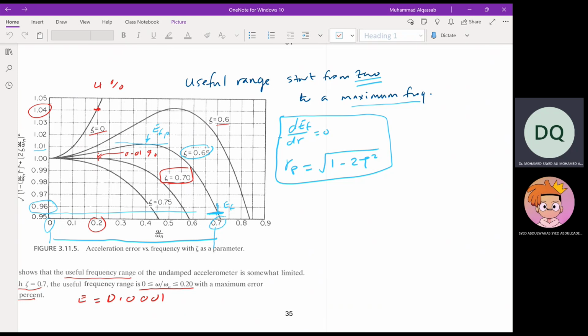Okay, so the peak is obtained at R peak, which is the square root of 1 minus 2 zeta squared, and this is in the formula sheet. It is obtained by taking the derivative of the error factor, making it equal to 0, and then you find R. That will correspond to the peak point. Anyhow, this is made ready for you in the formula sheet.